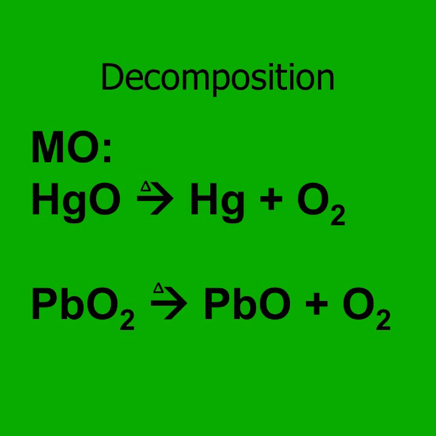It is not balanced. You do need to balance it. And the decomposition of plumbic oxide, which yields plumbous oxide and oxygen gas. Again, not balanced. When you balance them, you should have, respectively, from left to right, 2, 2, 1 and 2, 2, 1. You cannot reduce.